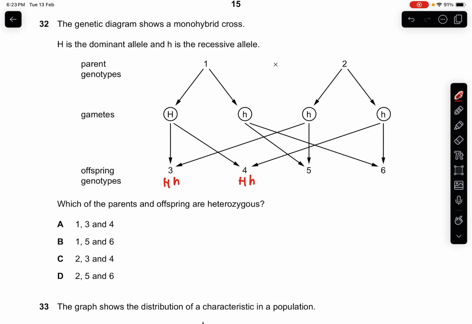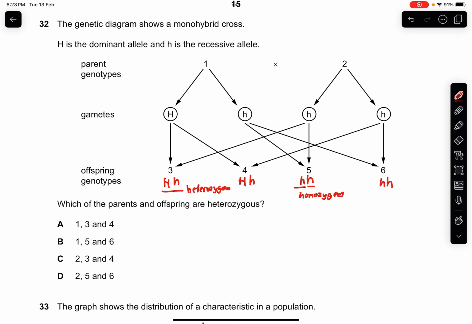For this would be small h. This will also be a small h and small h. When we have one capital and one lowercase, this is shown as heterozygous. If it's two of the same, basically two lowercase letters, this is what is called homozygous.